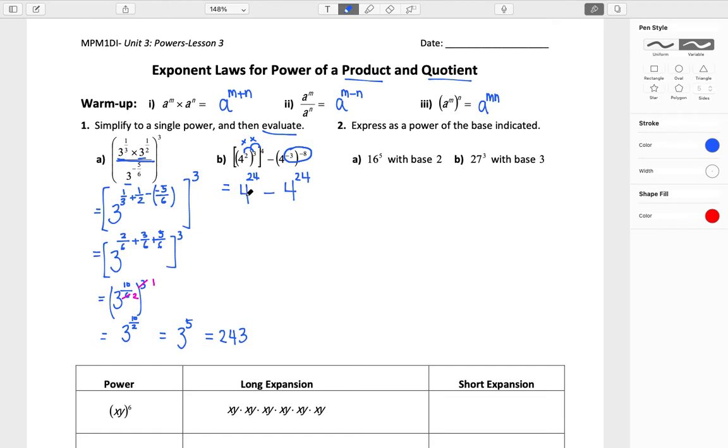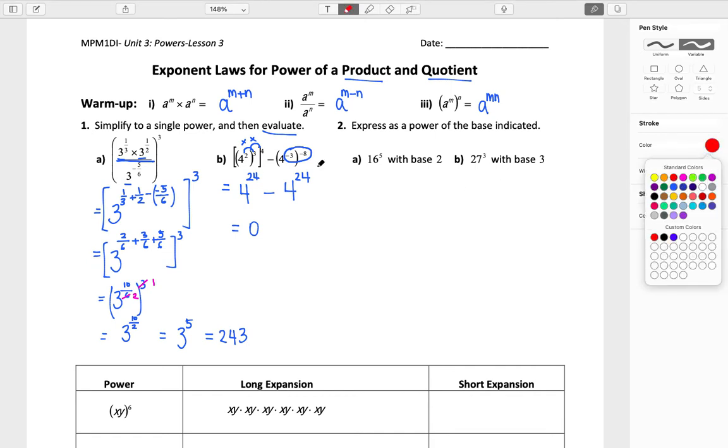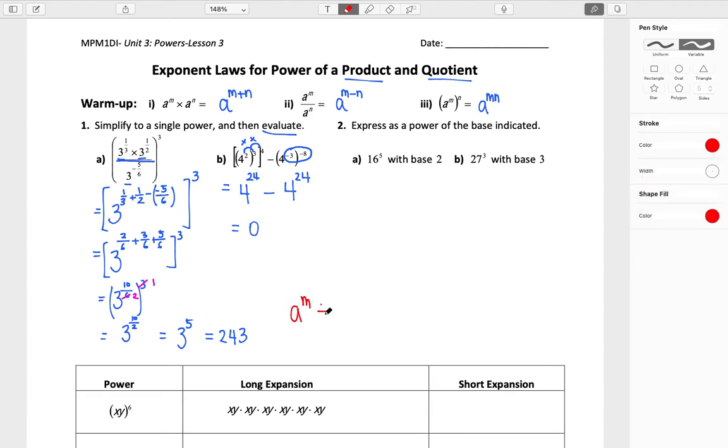Now, because it's subtracting, we cannot apply the power law, right? It's only when you're dividing that you subtract the exponents. In this case, 4 to the 24 minus 4 to the 24, the same number subtracted, becomes 0. Okay? So rule of thumb, I don't want you guys to get confused. a to the m divided by a to the n is a to the m minus n.